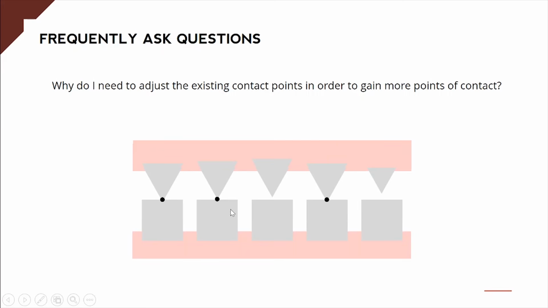Okay, so now when we mark with articulating paper again, now we're going to have 3 points, and the goal is to sort of go through several iterations of this process so that eventually the rest of these teeth come into contact. So if we were to just mistakenly only adjust the 2 out of the 3 contact points, well, anytime we check the occlusion, this is going to be the only tooth that marks, and none of these teeth are going to be contacting because this was not adjusted.